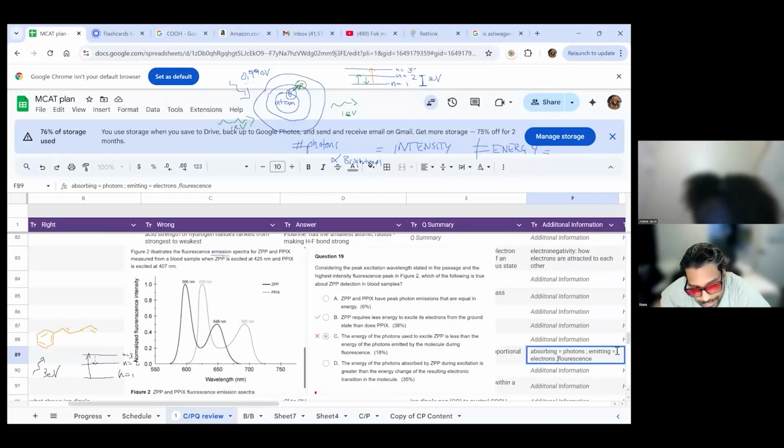But then when it goes from 2 to 1, it'll be done through the regular way, which means it will emit a photon. But this time, the energy of the photon is less, let's say 2 electron volts. So fluorescence is the same thing that we originally talked about with the photons, except the photon that's absorbed has a higher energy than the photon that's emitted.